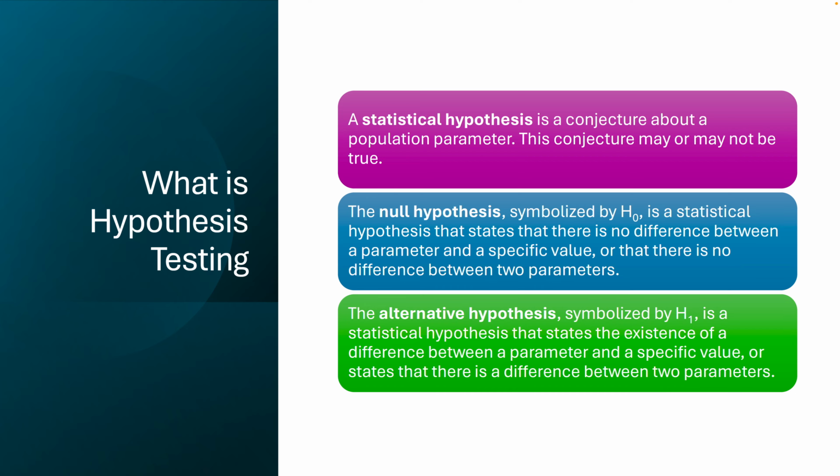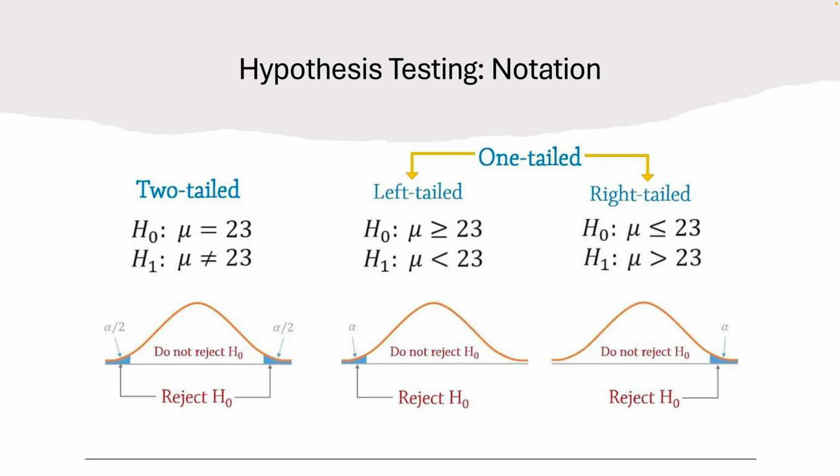Let's look at mathematically how we represent it. When we do not make a claim about the directionality, we state the null hypothesis with equality and the alternative hypothesis with inequality, and the significance level is split equally in either tail of the normal distribution function.